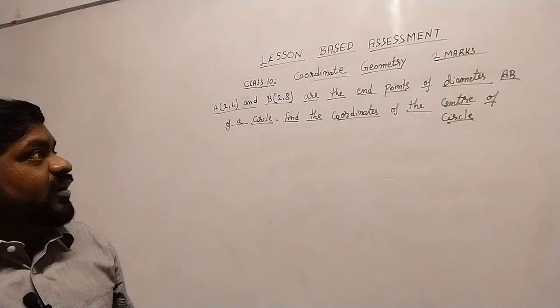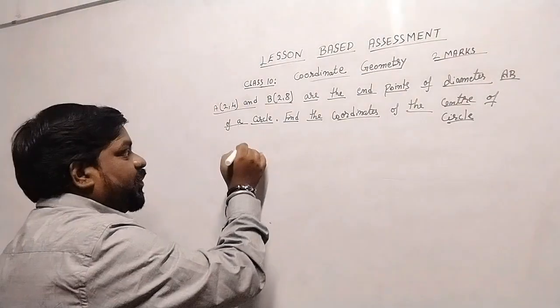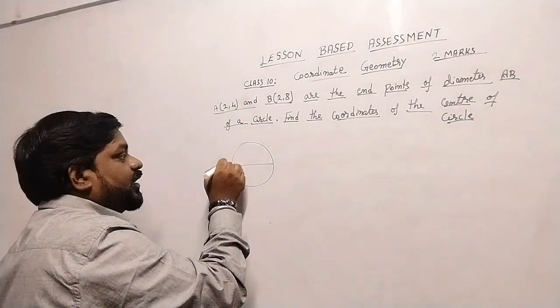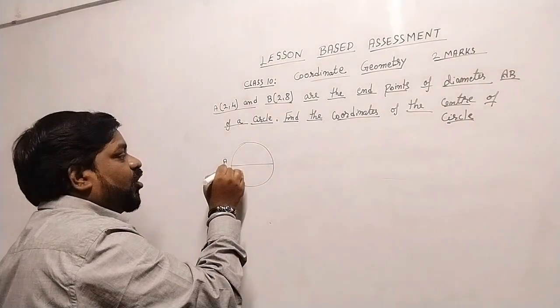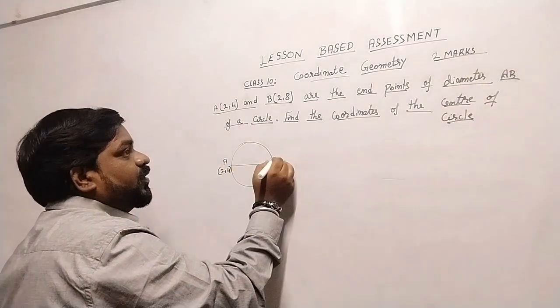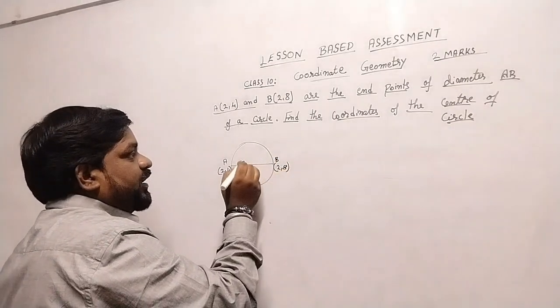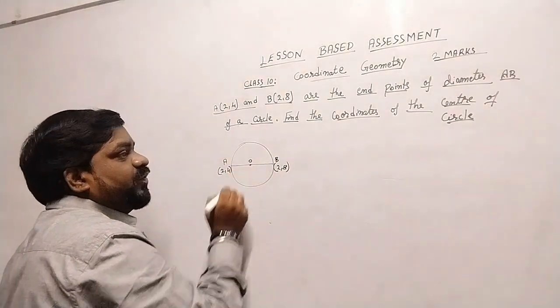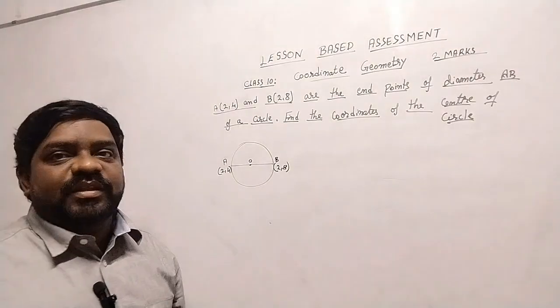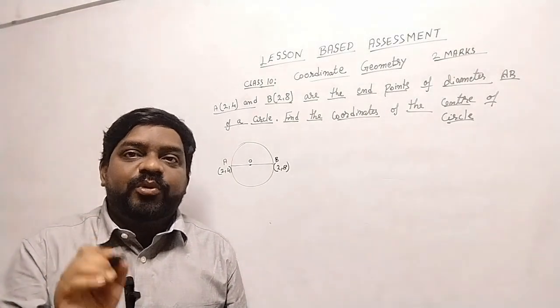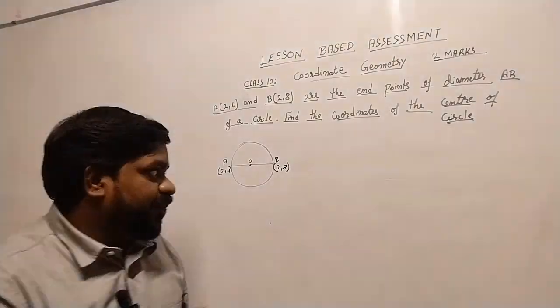Given A and B points are the endpoints of the diameter AB of the circle. Let's draw the circle. Given A as 2 comma 4, B as 2 comma 8, we need to find the coordinate of the center of the circle. The center of the circle means it is the midpoint of the line segment AB.